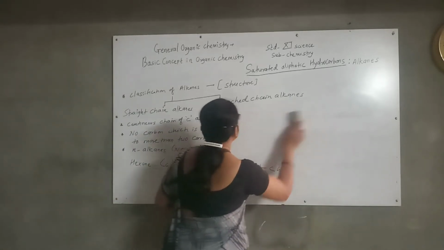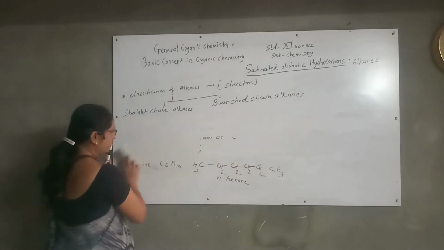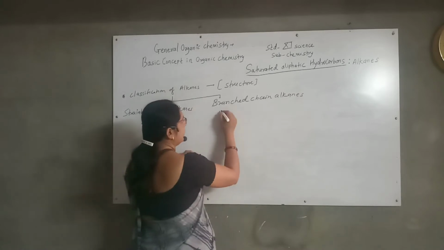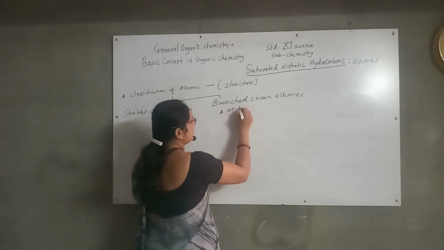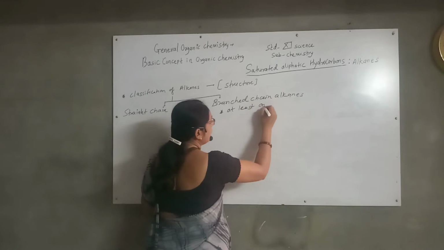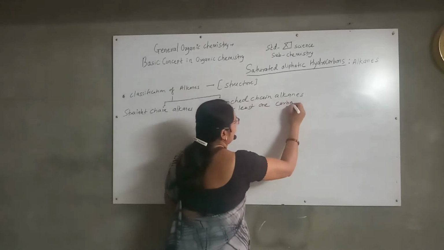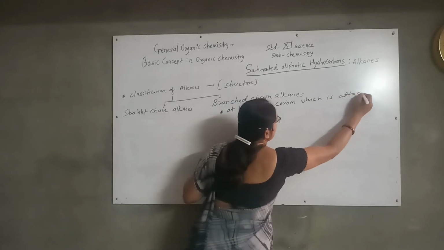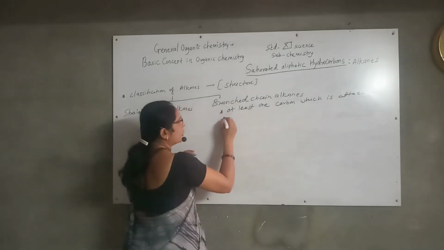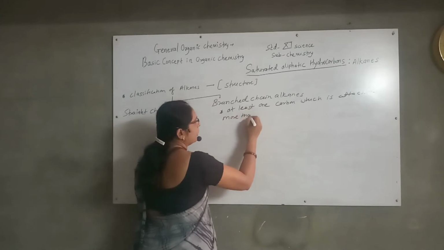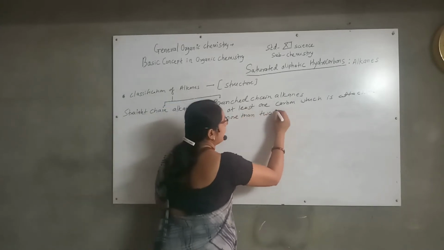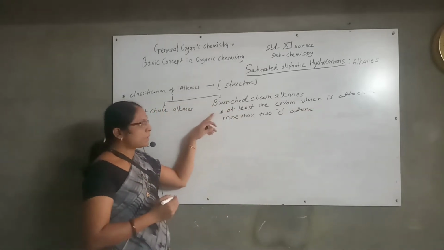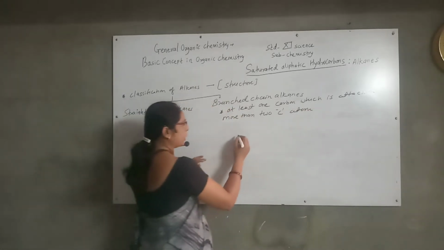Now let us consider the branched chain alkanes. So what happens for the branched chain alkanes? Branched chain alkanes are the alkanes which have at least one carbon which is attached to more than 2 carbon atoms.